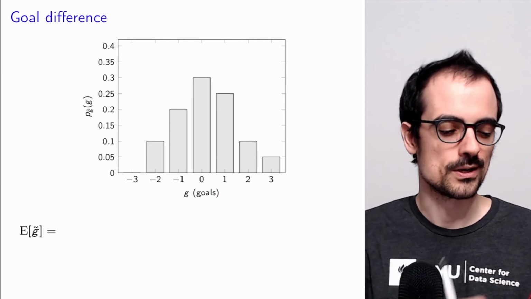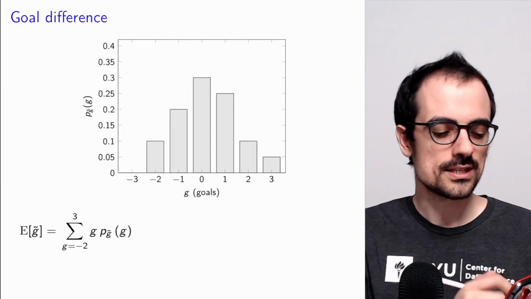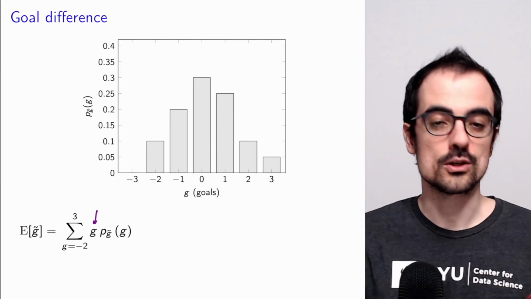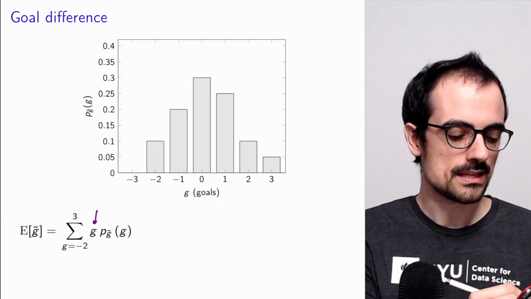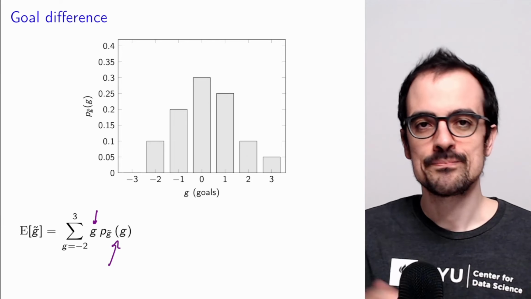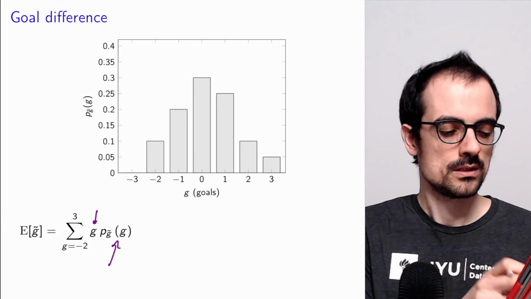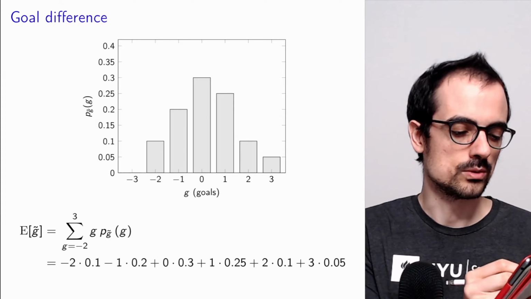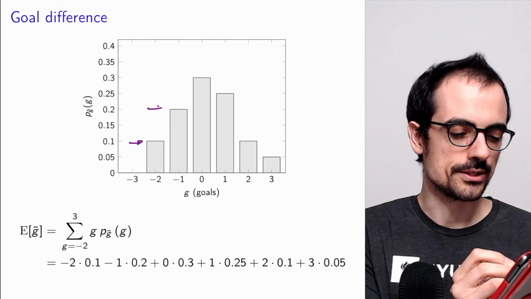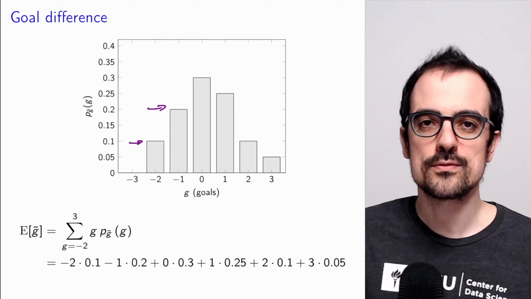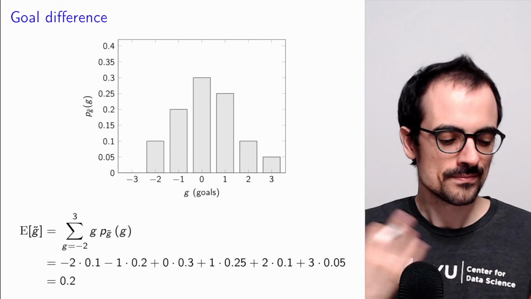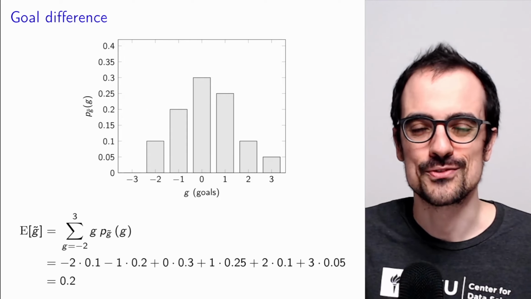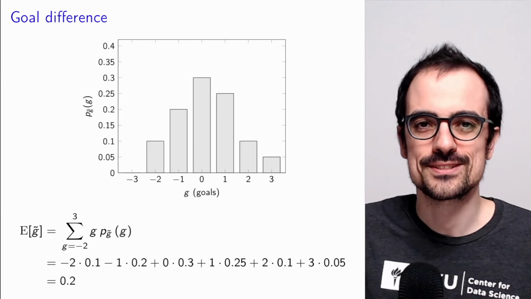We apply our formula. So what are we going to do? We're going to sum all the possible values of the goal difference and multiply them by their corresponding probabilities and sum it all together. So we have -2 times 0.1, -1 times 0.2, and so on and so forth. When we sum it all together, we get that the mean of the goal difference is 0.2 goals.